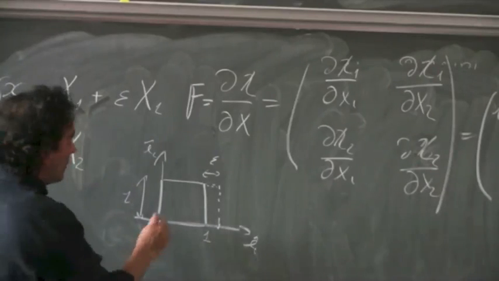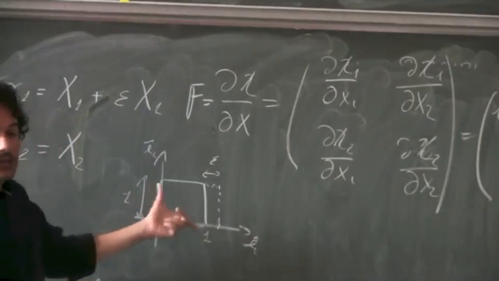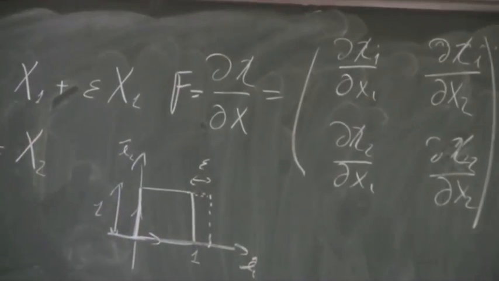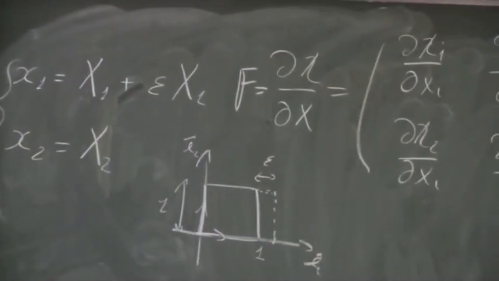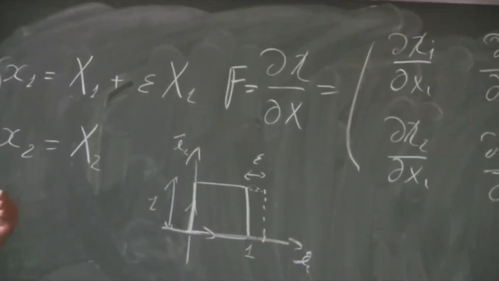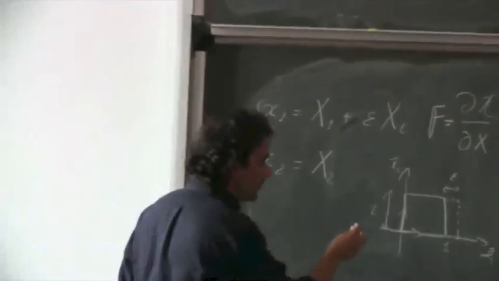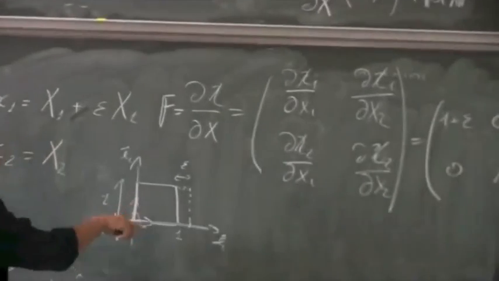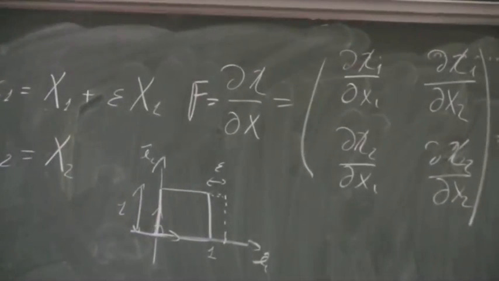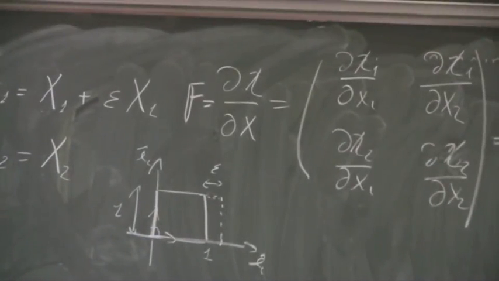In this case, for example, these two lines remain orthogonal. So this is a prototype in which shear is not occurring. But there are other examples in which shear will occur. In other lectures you will see an example of this.